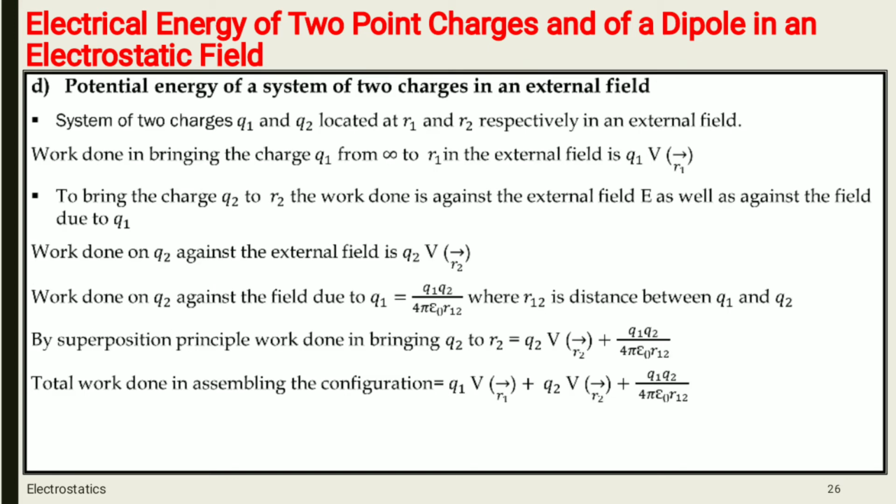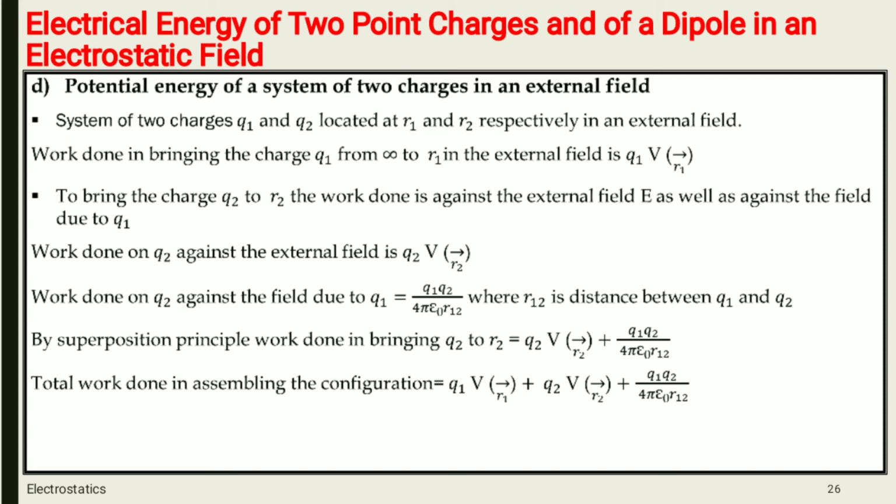In continuation with point C, we are going to discuss point D, that is potential energy of a system of two charges in an external field. In first point C, we have taken a single point charge. Now we are going to take two charges, that is Q1 and Q2.